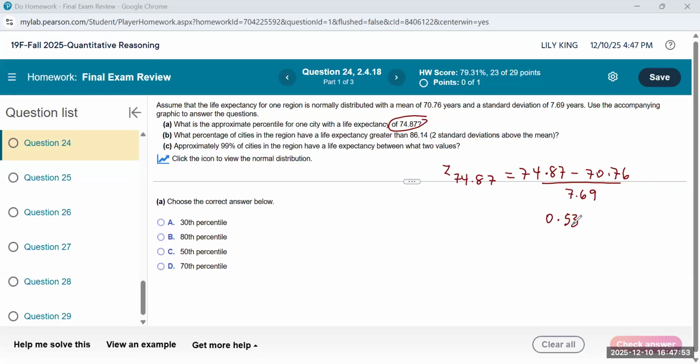The value that is closest is 0.55. So 0.55 has a probability of 0.7088, which is 70.88, and to the nearest percentile, you have the 78th percentile.